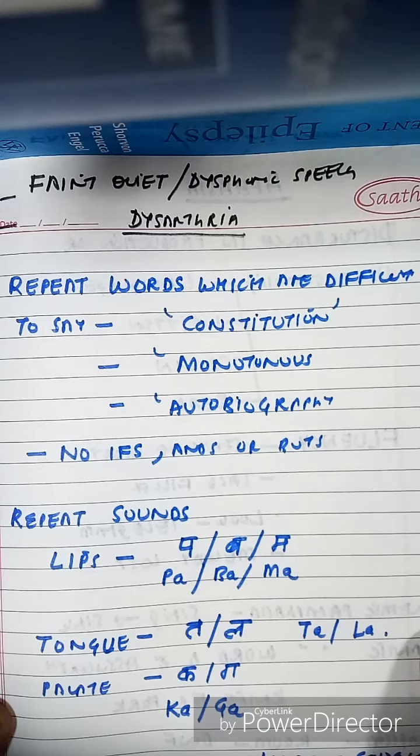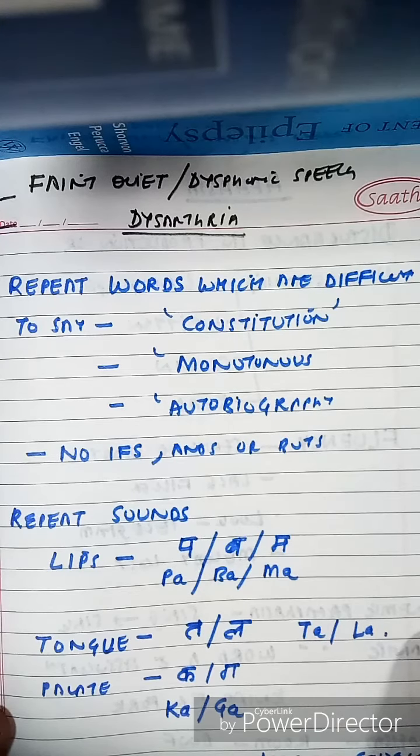The first point was asking him to repeat the words which were difficult. Secondly, asking him to repeat some sounds. Third is asking the patient to cough and seeing the clarity of the cough, whether it is hoarse or not. Then fourth, see if the patient has associated features like facial weakness, ninth, 10th, 11th, 12th cranial nerve involvement, any fasciculation in the tongue, any asymmetry in the palatal arches.